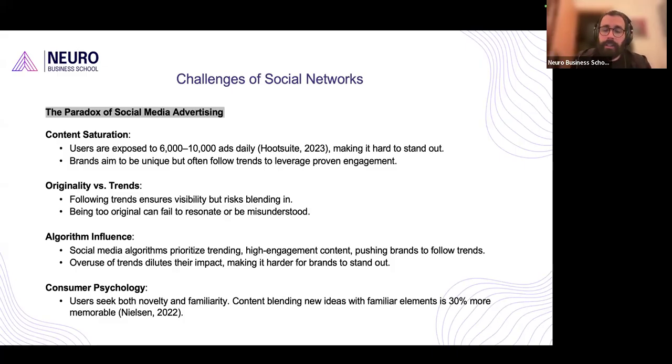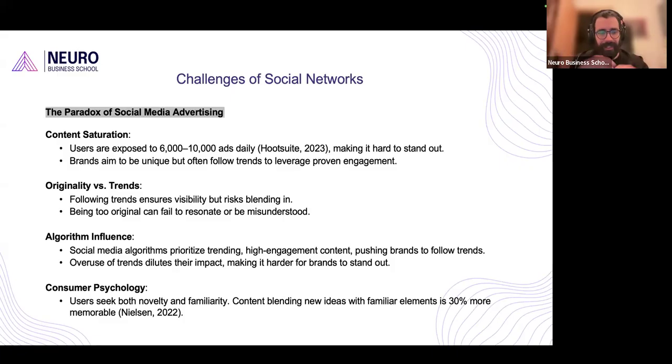But this is a huge amount of ads, so it is so hard to stand out in all this sea. Actually, it is an ocean of ads that people can be facing during the whole day. So brands aim to be unique, but often follow trends to leverage proven engagement.